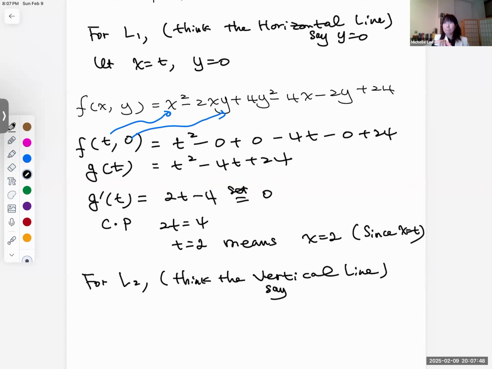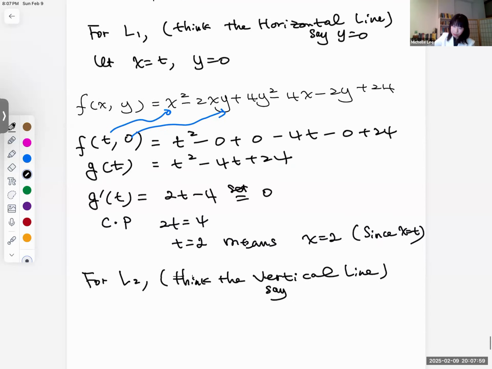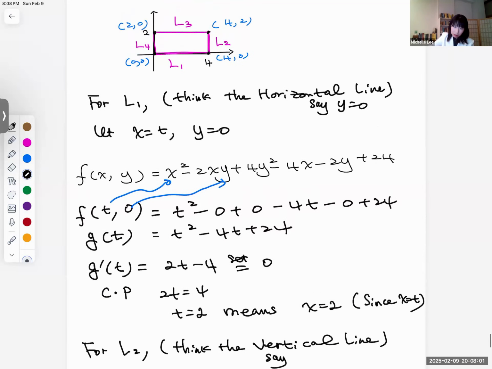So we get x equal to 4. Then for the other variable, we say y equal to t.